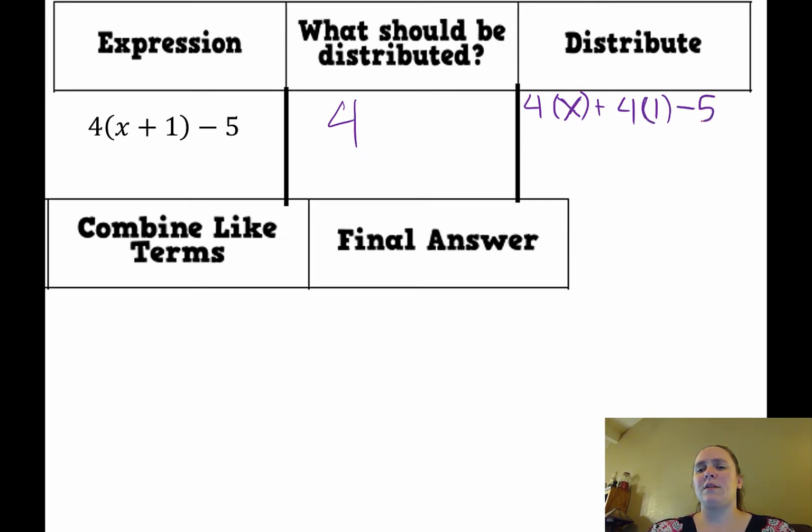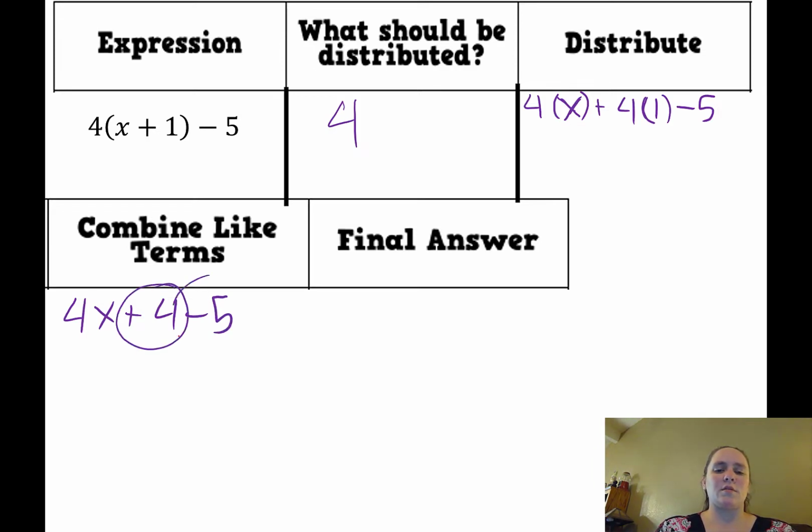And I still have that minus 5. 4 times x is 4x. 4 times 1 is 4. So I get 4x plus 4 minus 5. Combining my like terms, 4 and -5, leaving me with a -1. So I get 4x minus 1.